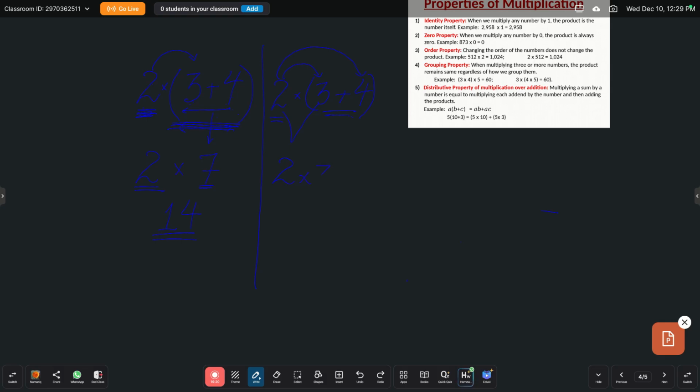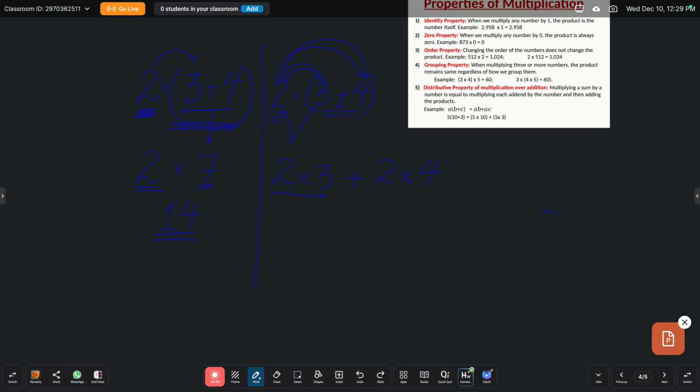So I will write 2 into 3. Then what is the sign here? It is plus. So let me write this plus here. Firstly, I multiplied this 2 by 3. Now I will multiply this 2 by 4.